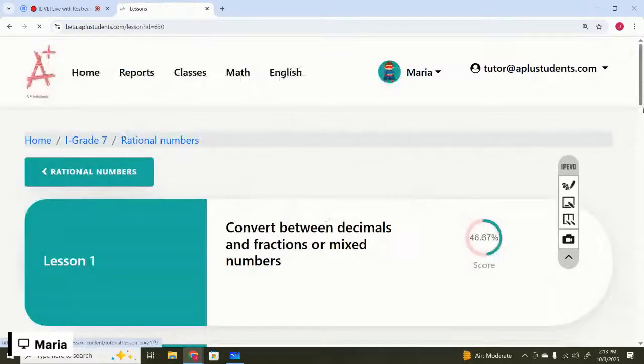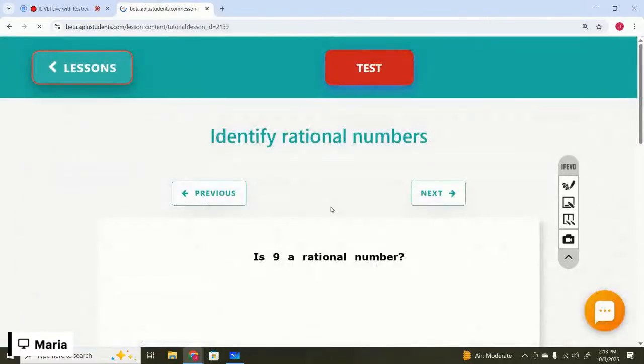The next lesson is identify rational numbers.